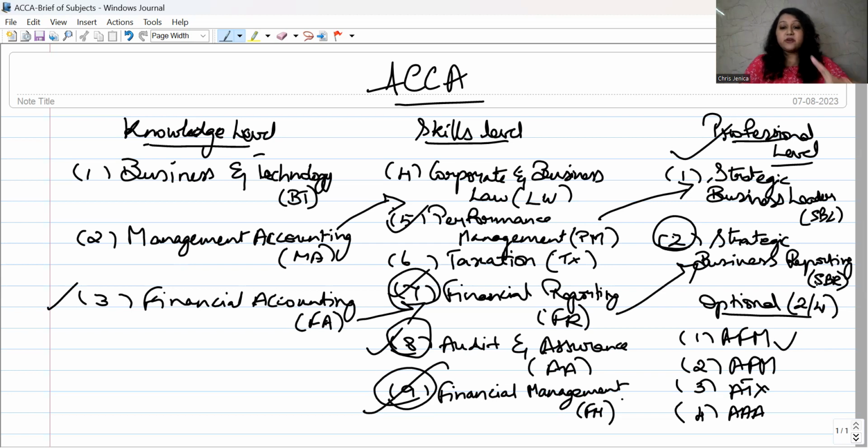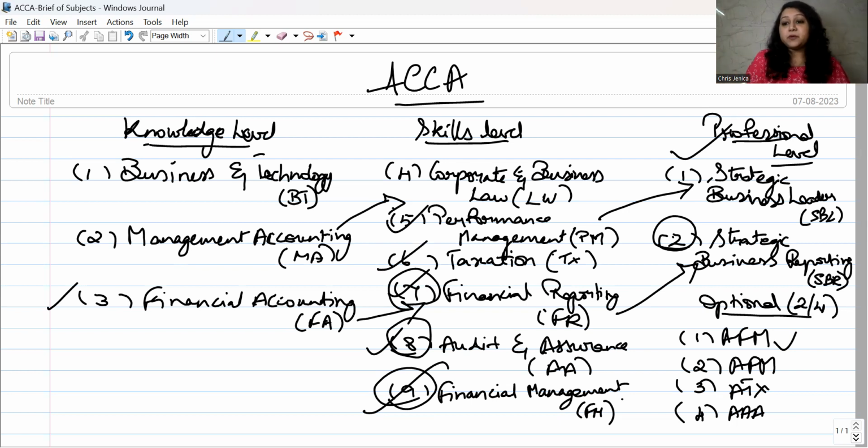Then the papers left are corporate business law and taxation. These two papers, taxation especially, do not have any base in your knowledge level. So it's up to you when to choose. For example, you want to have a break. Maybe after the knowledge level, I don't want to go with more PM, FR concepts. You can take taxation.